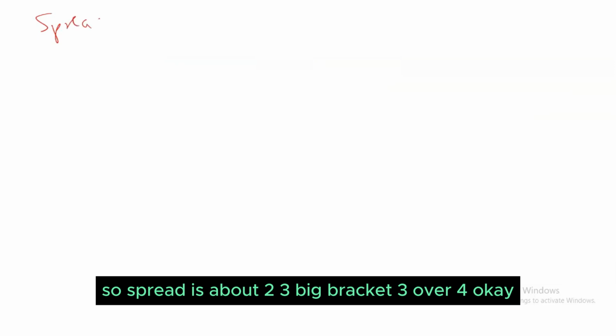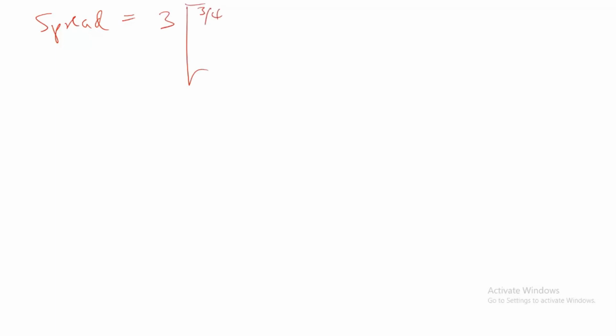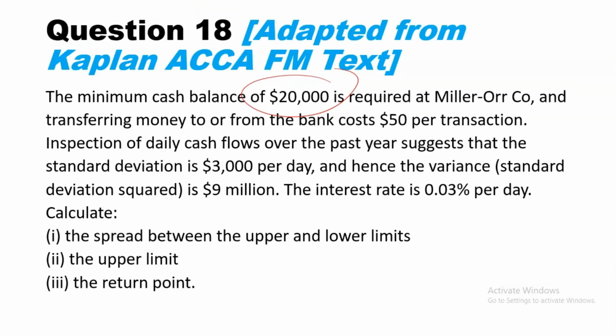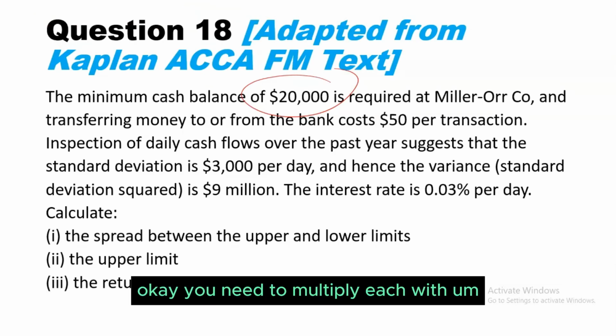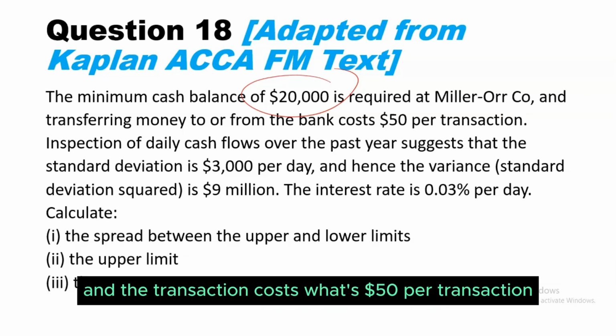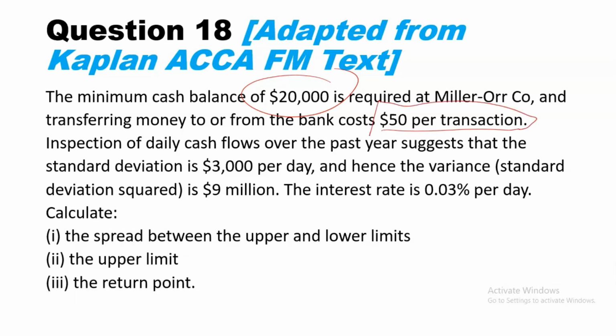So spread is equal to 3, big bracket, 3/4 multiplied by the transaction costs, and the transaction cost was $50 per transaction.